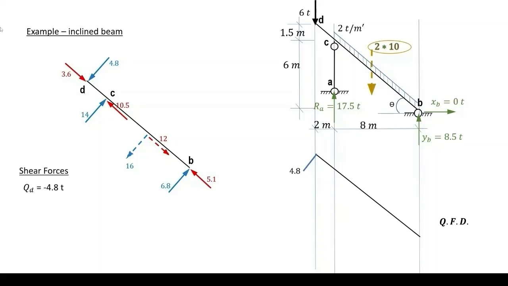From D to C left, we have no variation in shear, and therefore the diagram goes parallel to the center line until we encounter 14 tons positive, which will be added to the last computed value of shear, which makes QC right equals 9.2 tons, and we plot it on our diagram.